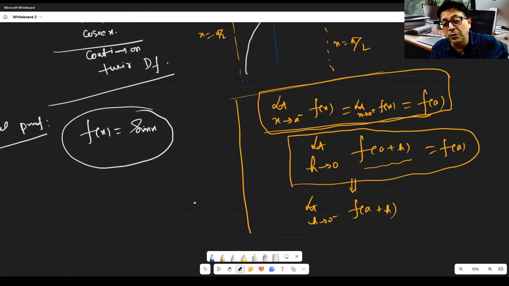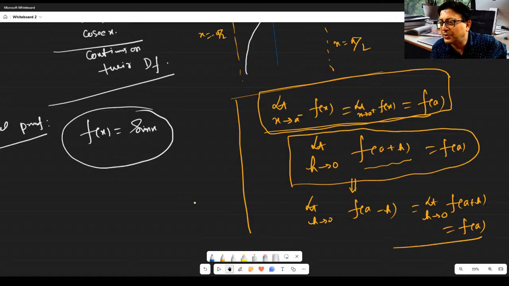Or if you don't want to use that minus sign, you just write left hand limit as a minus h by taking h as a positive quantity. A minus h will be equal to limit h tending to 0 f of a plus h. This is equal to f a.